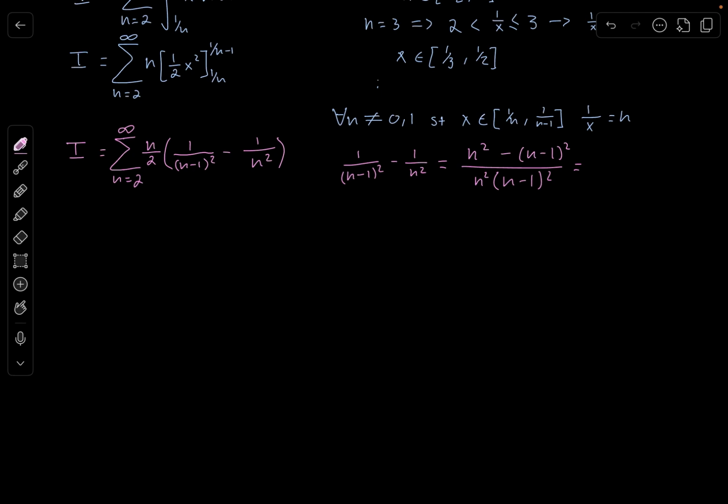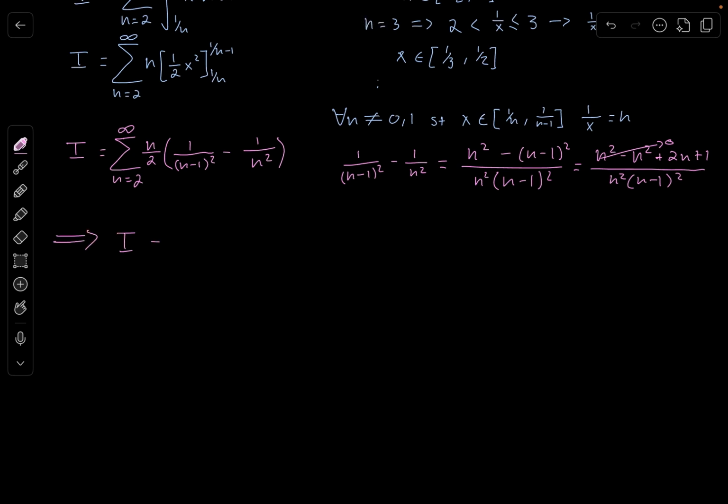And then expanding the brackets, you get n squared minus n squared plus 2n minus 1. So those go to 0. Then you're dividing by n squared times n minus 1 squared. And then if we go and plug that back into the sum, we get, hold on.